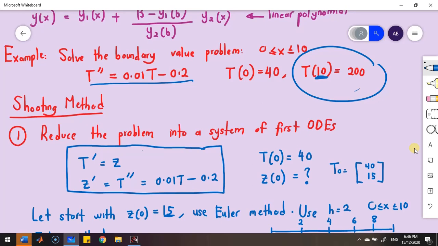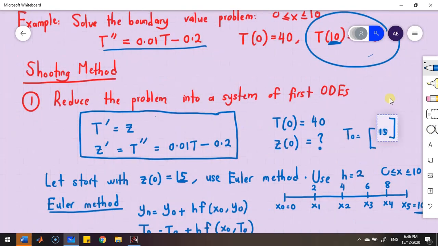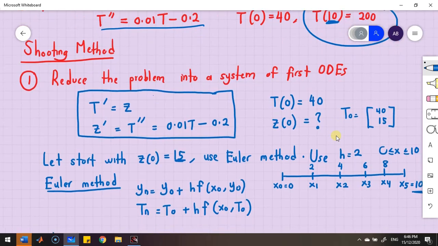But we started with the initial guess. The initial guess that we started was Z0 is 15. And what does T10 give you?